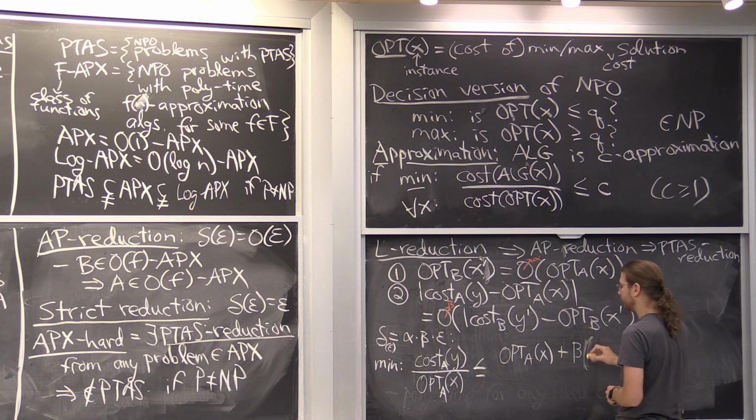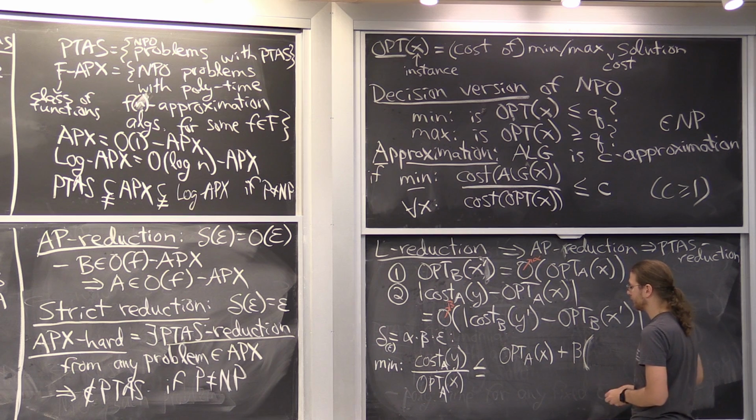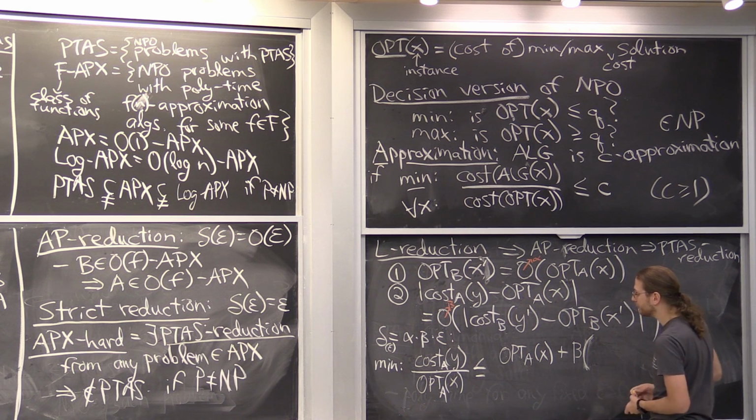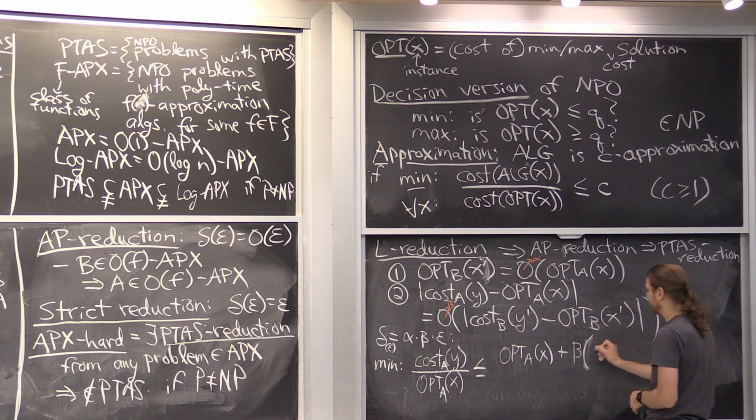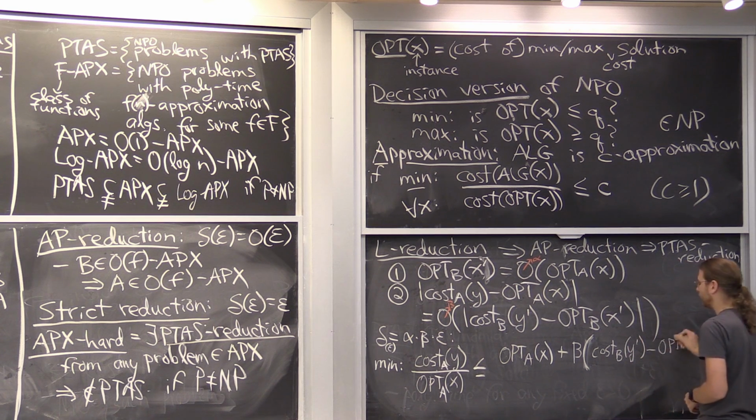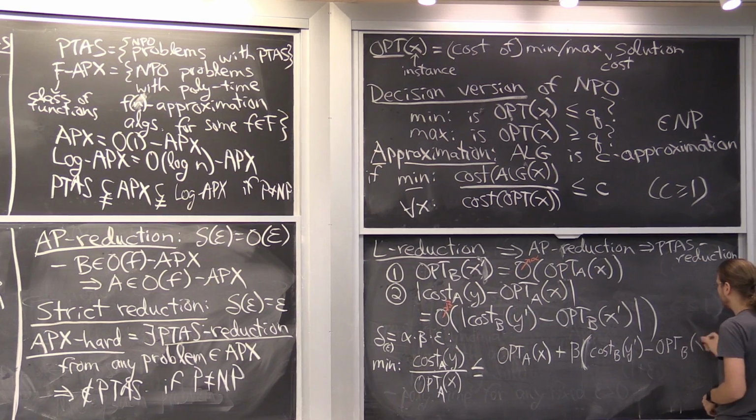Beta times, there's no absolute value needed because this is a minimization problem, let's say, cost sub b of y prime minus opt sub b of x prime.